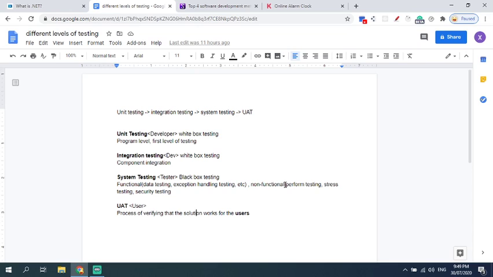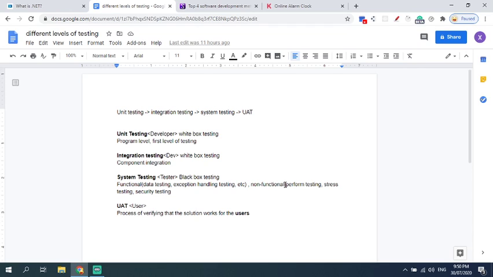And the second level of testing is integration testing. For example, if a developer finished writing two functions, or let's say two components, and he wants to integrate them together into a big component, he will need to do integration testing.